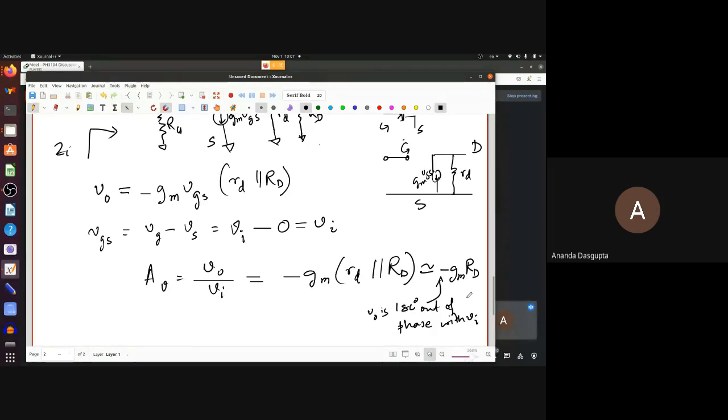We saw the same thing happen in the BJT CE amplifier, because in a CE amplifier, when the input current went up, that happened when the input voltage went up, the output current IC went up.